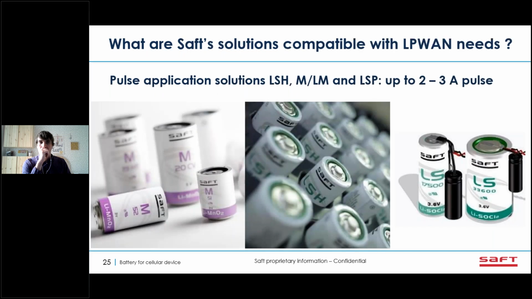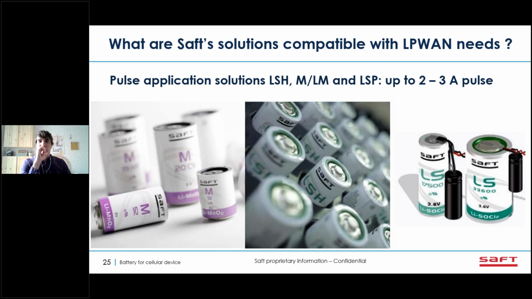In the Saft product range, different solutions match typical IoT applications. For a pulse application, you will find the LSH range, lithium thionyl chloride in spiral construction. You can find the M or LM range, which is lithium manganese dioxide chemistries.